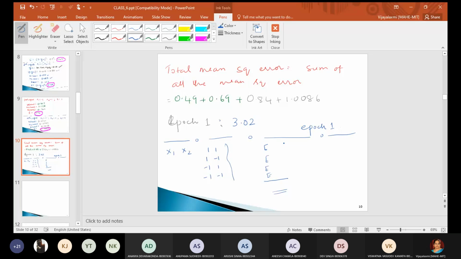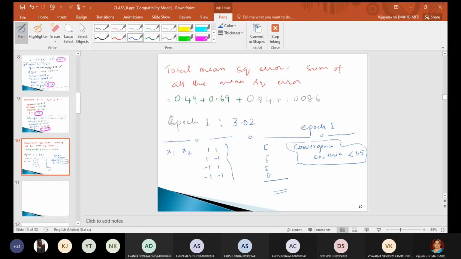Here you can initially set the convergence criteria. Say the total error should be, for example, less than 1.5, or less than 1. Like that you can decide in the beginning, repeat the analysis, and finally calculate the weights.